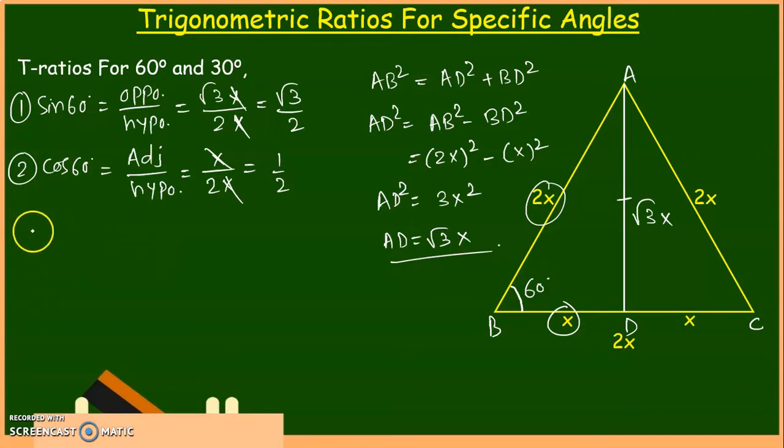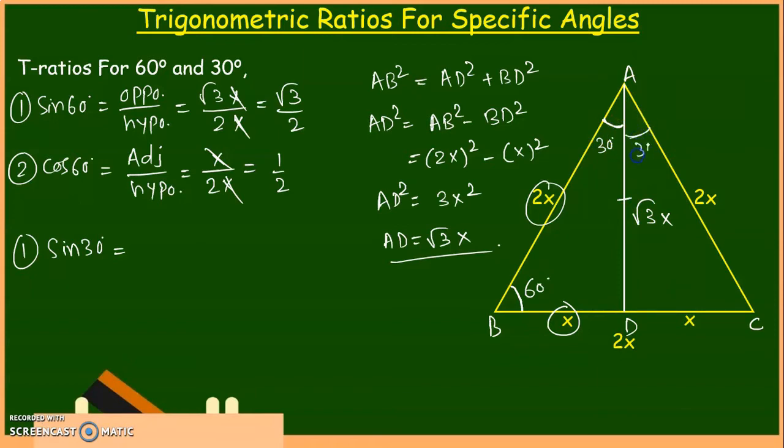Now let's find out the values of trigonometric ratios for the 30 degree angle. So let's find out the value of sine 30 degrees. Here, if you see this triangle ADB, this angle BAD will be equal to 30 degrees because AD is the angle bisector.